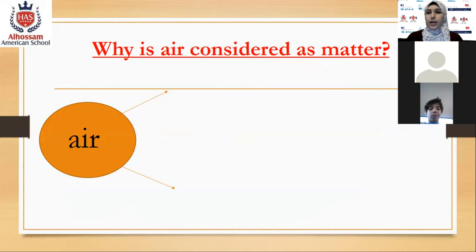And also we said, why is air considered as matter? Who can raise his hand and tell me why is air considered as matter? Muhammad Gaber, do you remember? Because it has what and what?